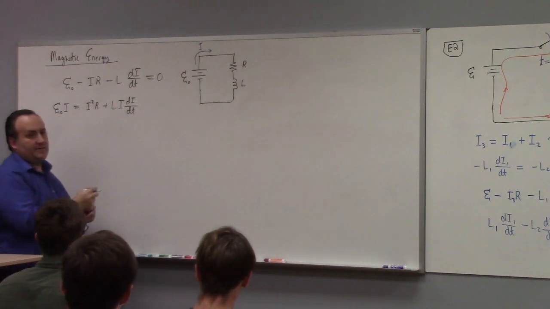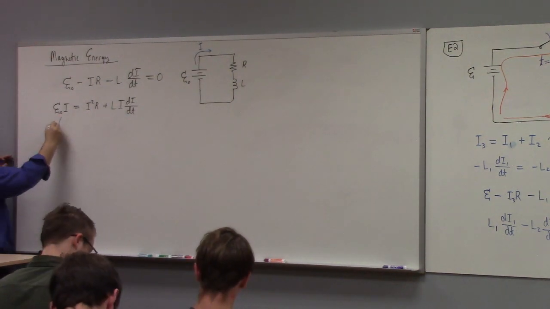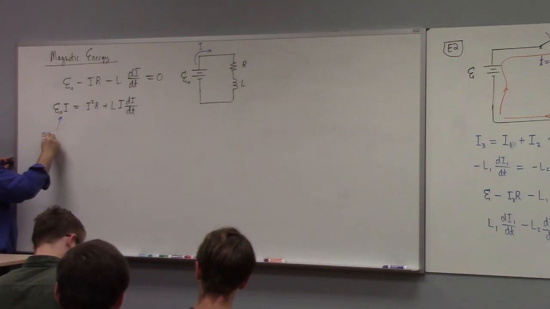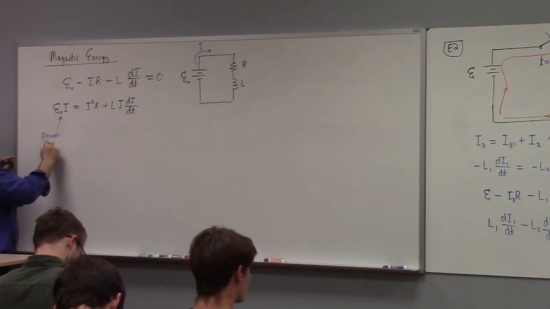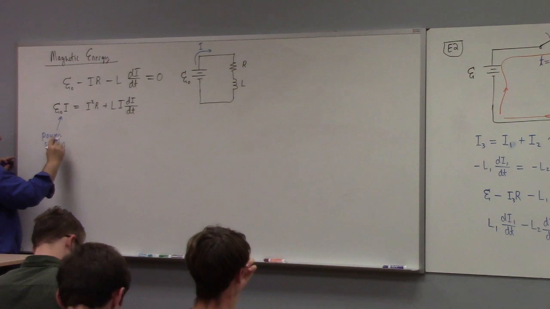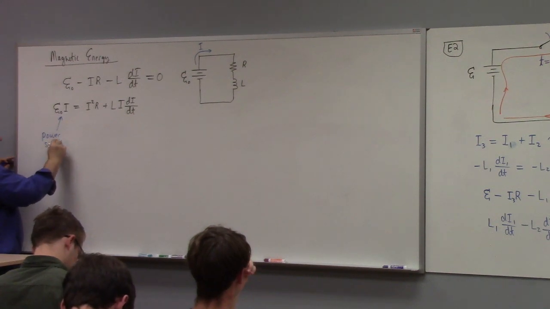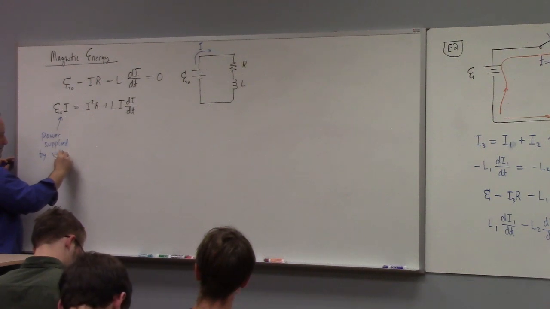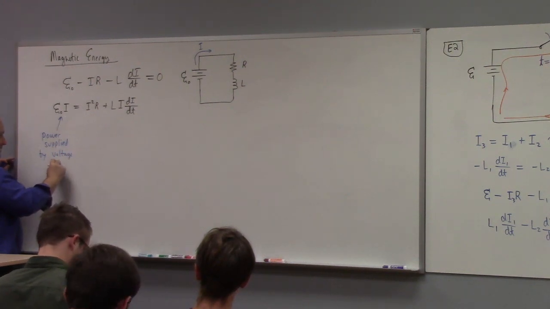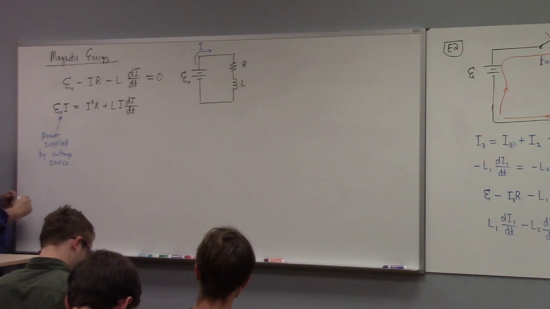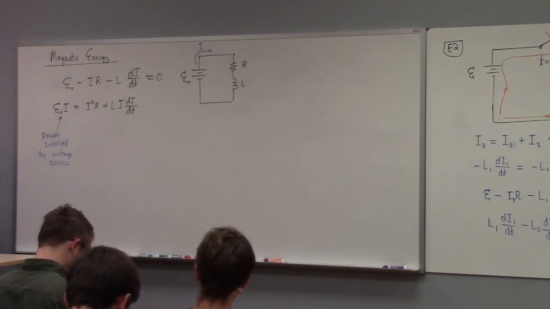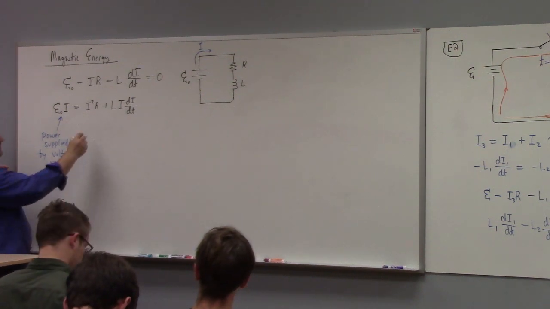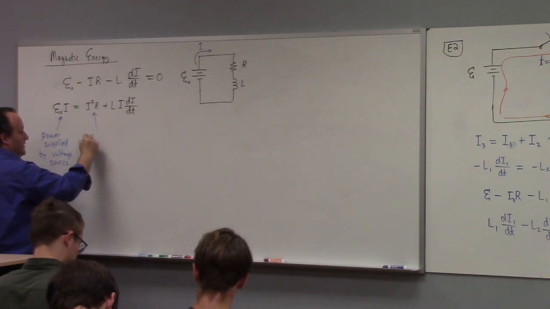Power supplied by the battery, exactly. So this is the power supplied by the battery, or the voltage source, whatever you want to call it. And where does it go? It goes into two things, right? On the one hand, it goes into power dissipated where?